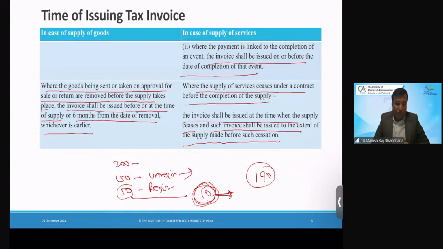Second, in case of banking, insurance, and financial institution, a liberty is given irrespective of the amount.